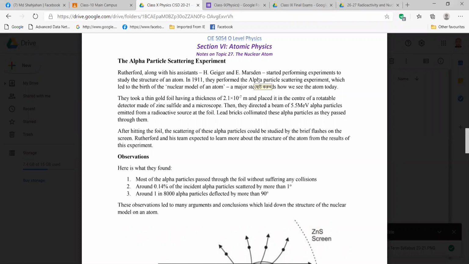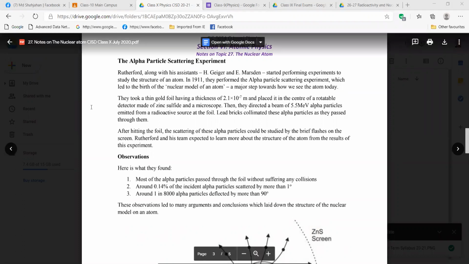He's silent. Okay, so Ziba, you can please continue. Sir, Liban is saying he can't answer, he doesn't have a mic. Okay, fine. Then should I start reading? Yes, please continue with this one, Ziba. The alpha particle scattering experiment.